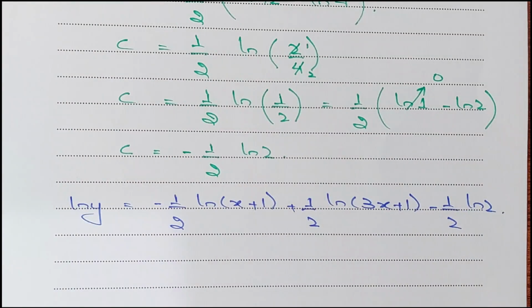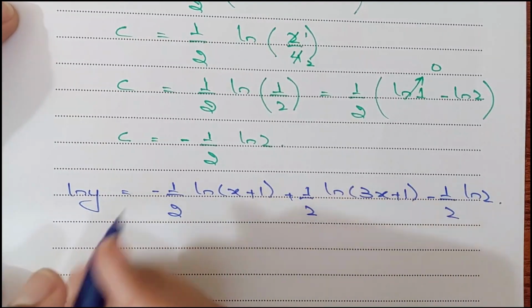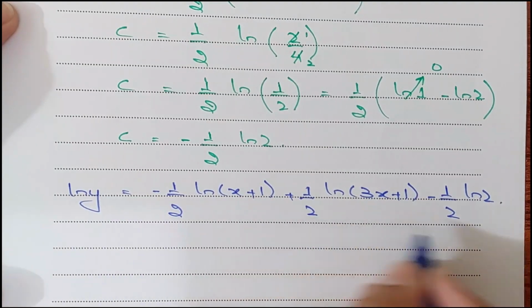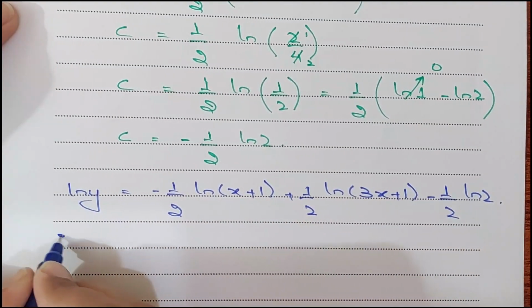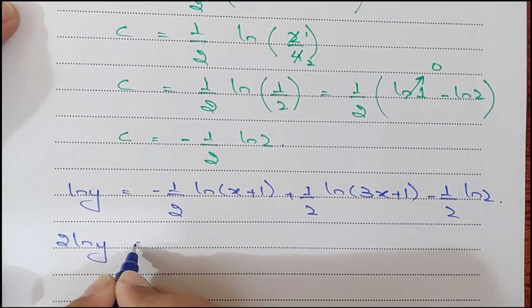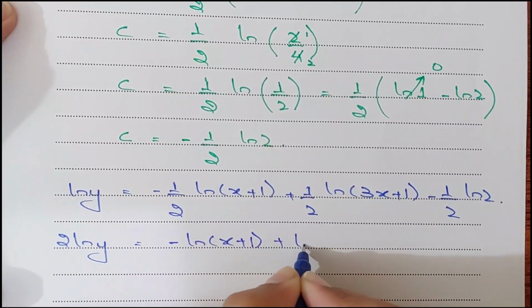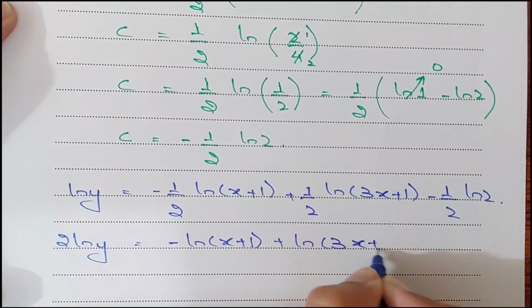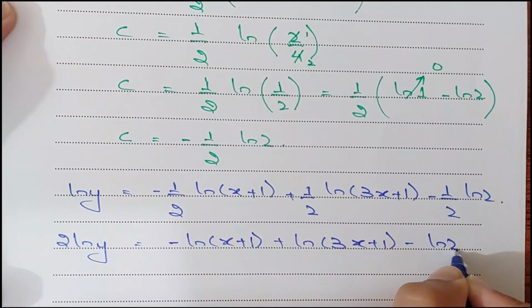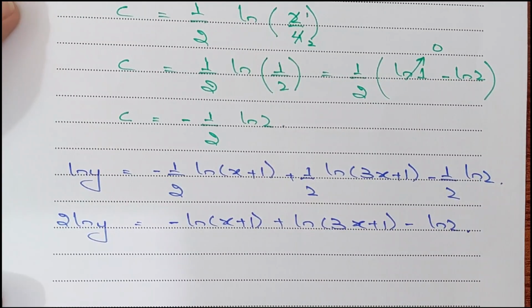So we have to solve for y basically. Okay, and then get rid of these natural logs, right? Taking 1 by 2 common, times by 2 on both sides, so 2 ln of y equals minus ln of x plus 1 plus ln of 3x plus 1 minus ln of 2, right?